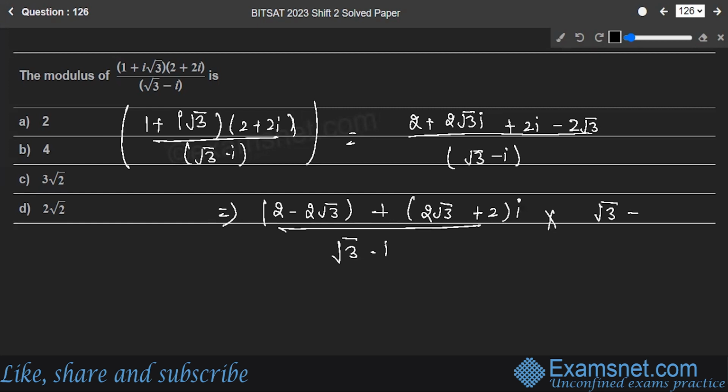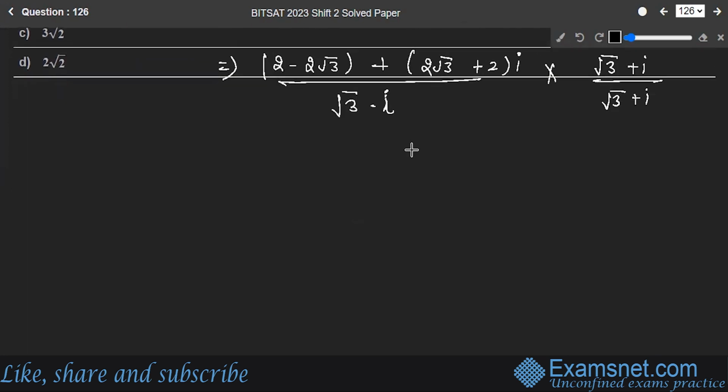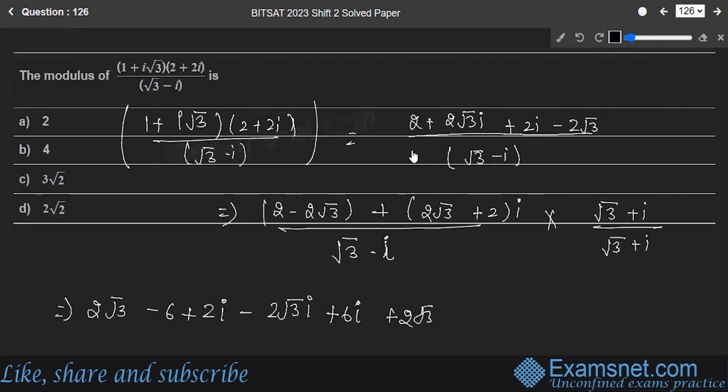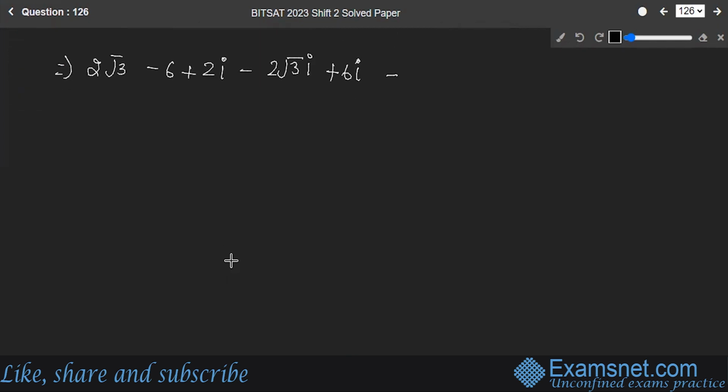Let's multiply the numerator and denominator by root 3 plus iota. So this will give me, again multiplying, 2 root 3 minus 6 plus 2 iota, 2 root 3 iota plus 6 iota plus 2 root 3, here will be plus 2 root 3 iota minus this.